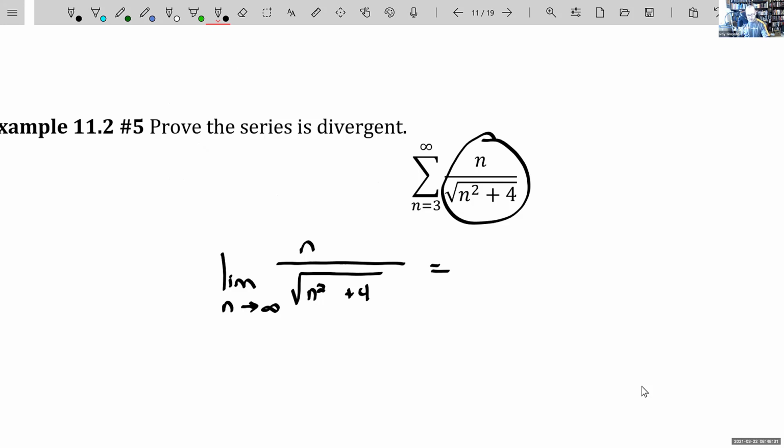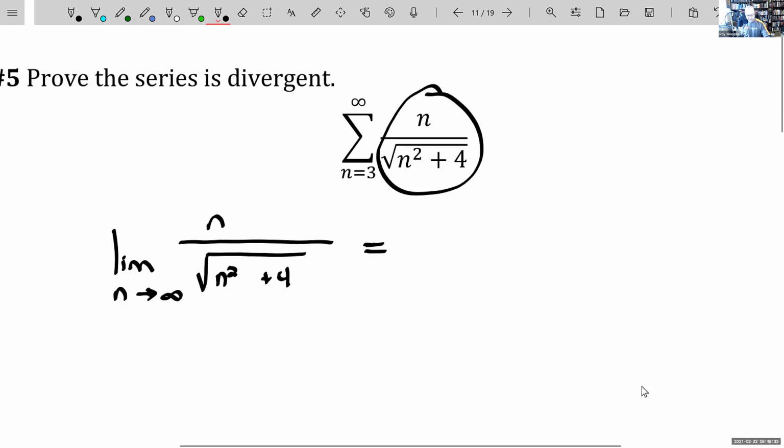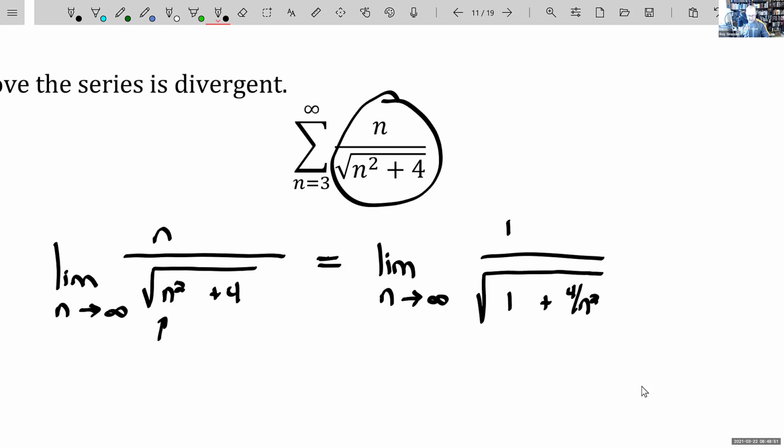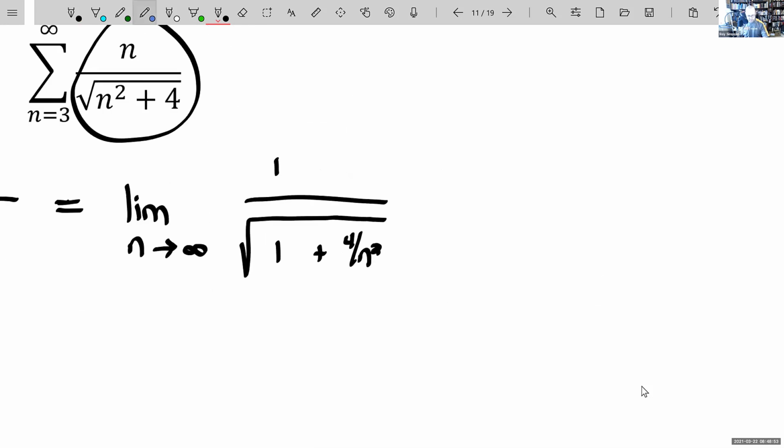Dividing both numerator and denominator by n, you get the limit as n goes to infinity of 1 over the square root of 1 plus 4 over n squared. As n goes to infinity, we happen to know 4 over n squared will tend to 0. And so this tends to 1, which is definitely non-zero.